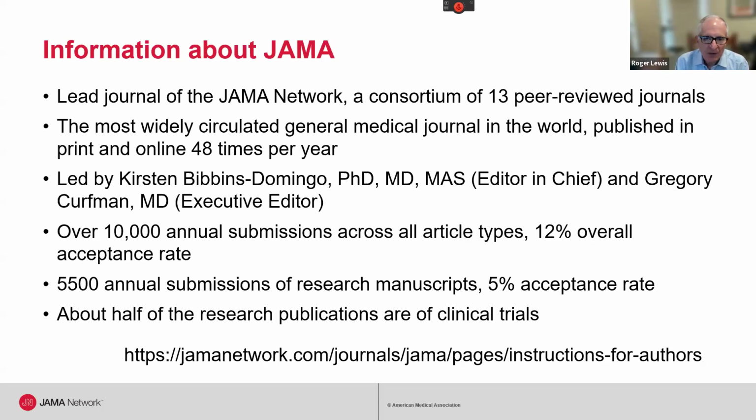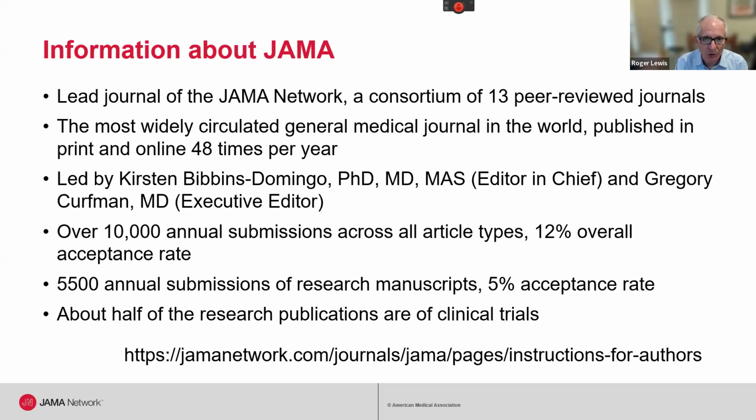But a lot of those 10,000 are things that are invited, like an editorial to go along with a manuscript. So of the 5,500 submissions of research manuscripts, which are generally unsolicited primary research manuscripts, the acceptance rate's about 5%.